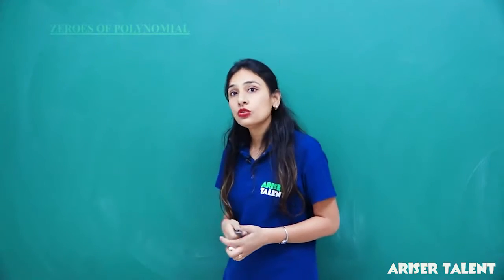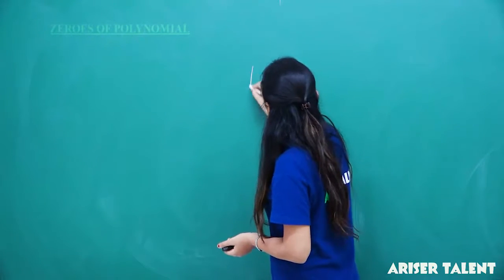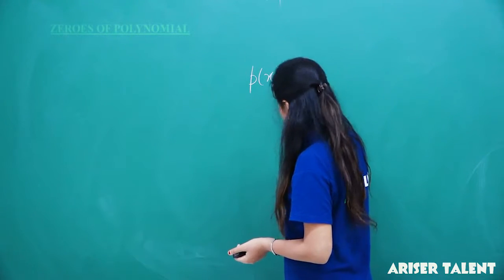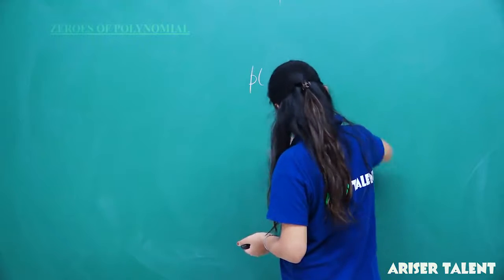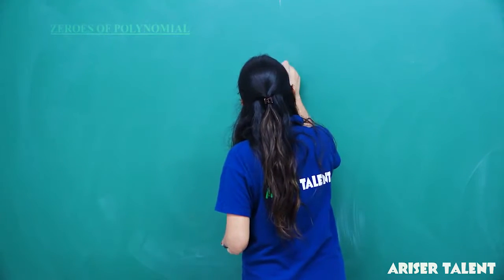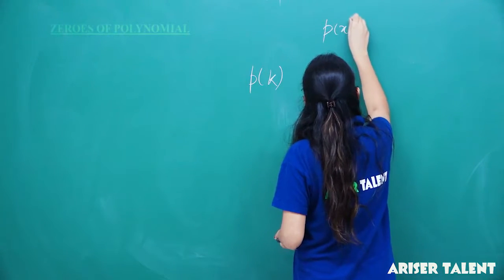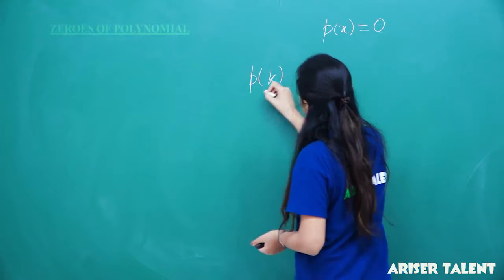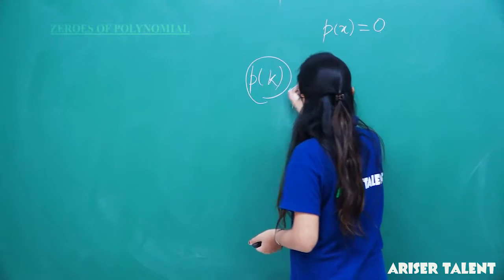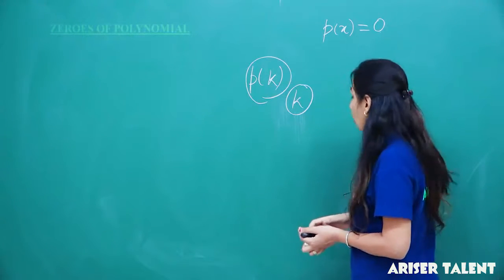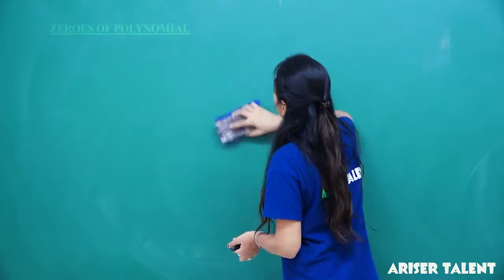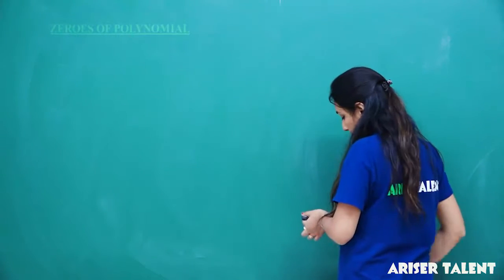Then zeros of a polynomial. Here we understood that at a particular value of k, if p(x) is 0, then this k is known as a zero of the polynomial.